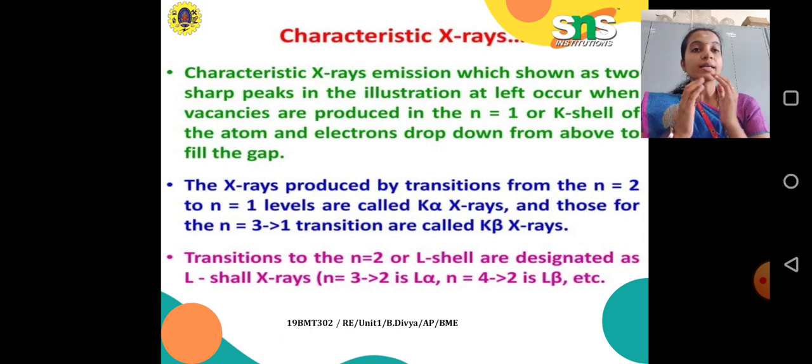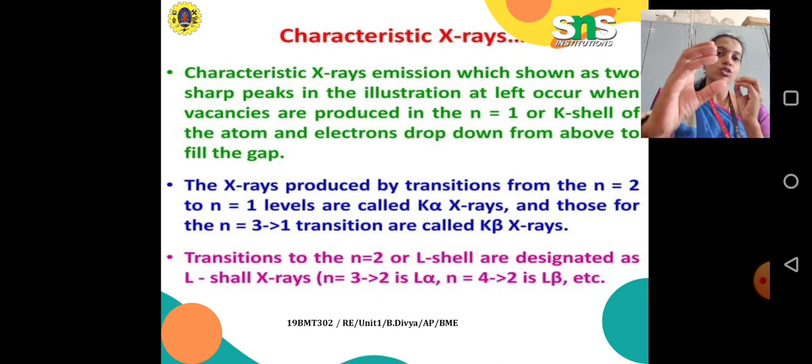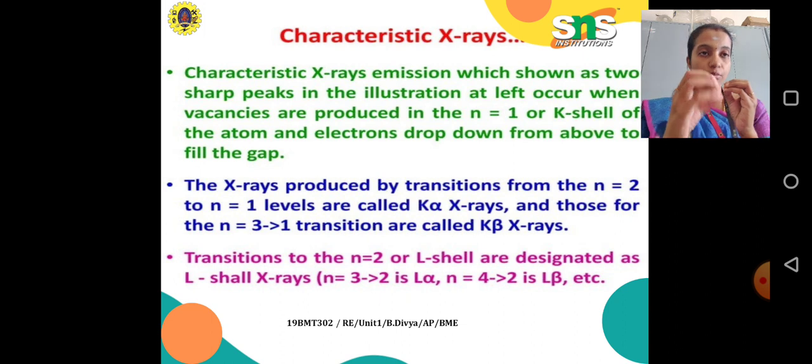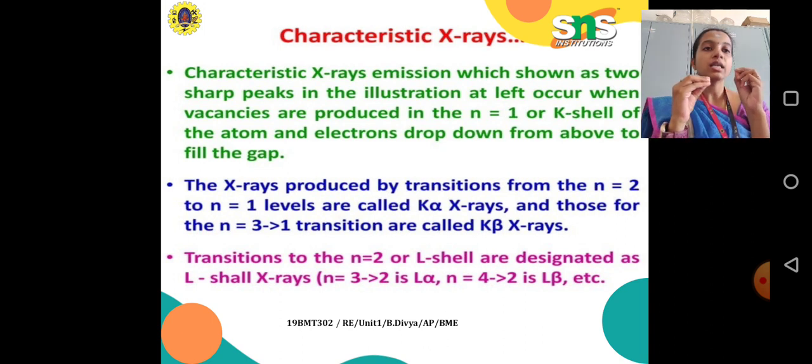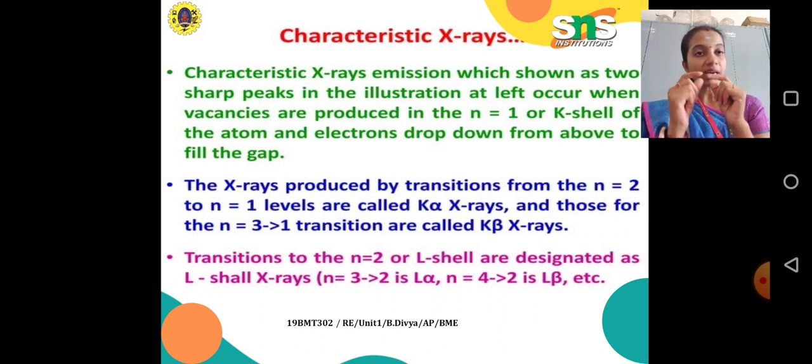The diagram shows the characteristic emissions, where K alpha and K beta are the two peaks.